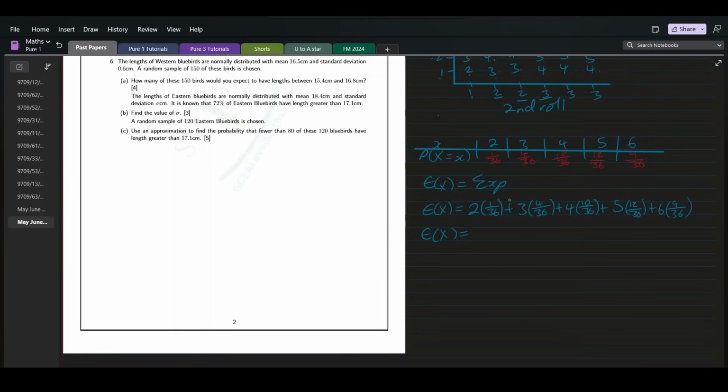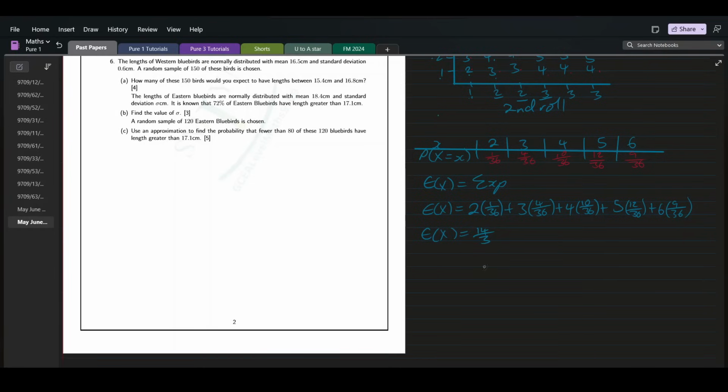That's 2 times 1 over 36 plus 3 times 4 over 36 plus 4 times 10 over 36 plus 5 times 12 over 36 plus 6 times 9 over 36, and this gives us 14 over 3. So the expectation of x is 14 over 3.